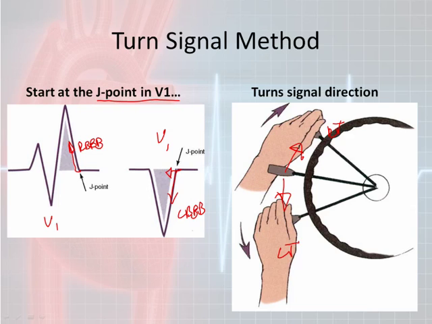Same thing here. Start at the J point and travel backwards. If you go down, left, left. If you go up, right, right. It's that simple. Like I said, though, you need to use the supporting criteria. If you're not sure which way to go with it, should I start off with a left or right bundle, this is what helps. Outside of this, though, you need supporting criteria to confirm that it is truly a right or a left bundle branch block.